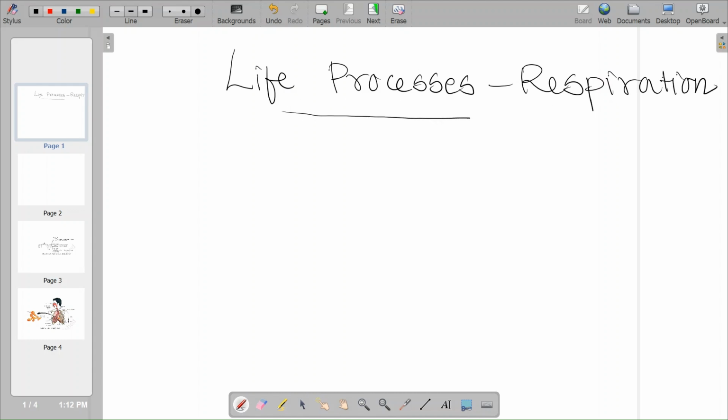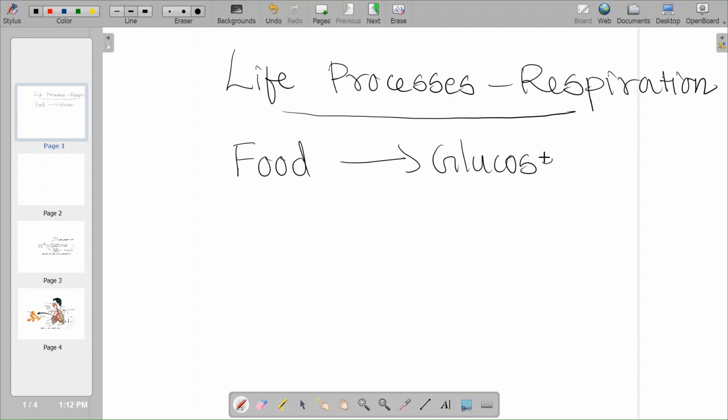So in our previous video, we learned about the digestion part, where the food that we consumed is digested into its simplest forms: glucose, amino acid, fatty acid, and glycerol, right?